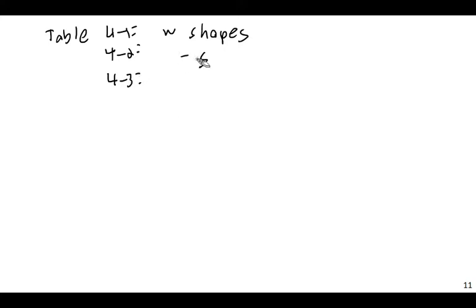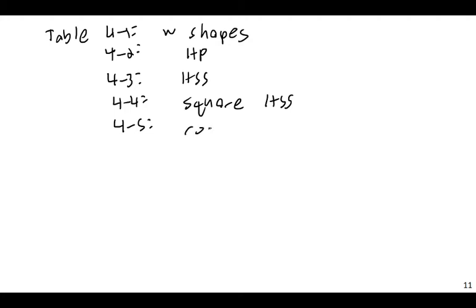Oh sorry, actually this was HP shapes, sorry about that, HP shapes. 4-3 was HSS. 4-4, if I keep going down, is square HSS. And 4-5 is round HSS, round hollow tubing, which definitely has a bit of a weird ring to it. And then 4-7 and 4-8 are very similar. You basically have a series of design tables going through the calculations for these particular members.